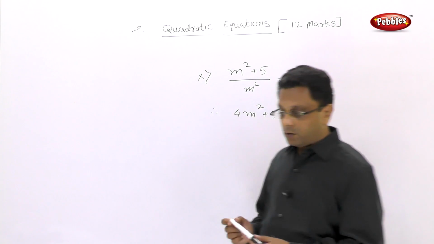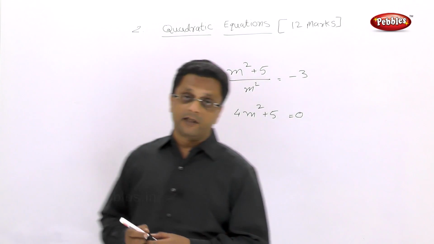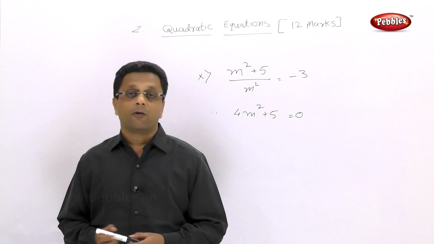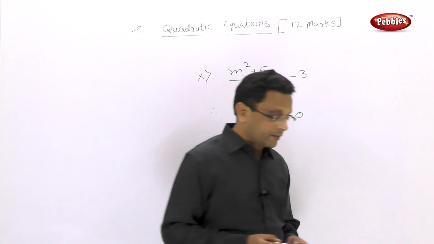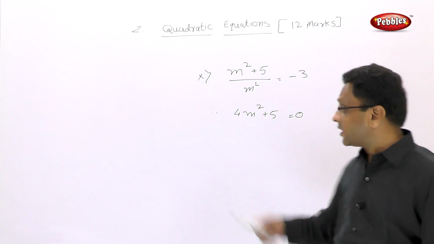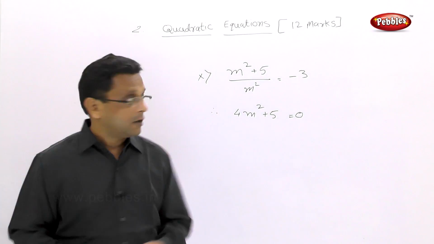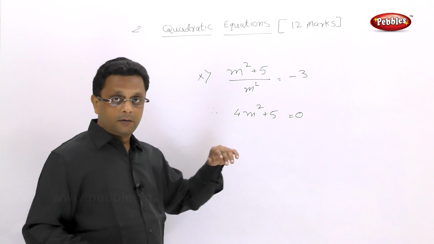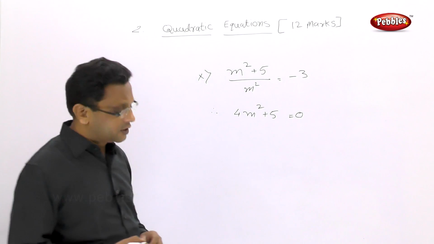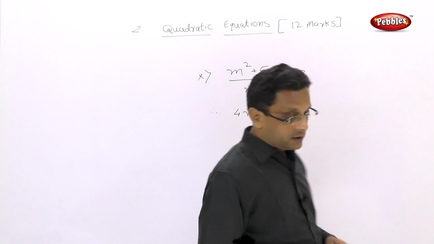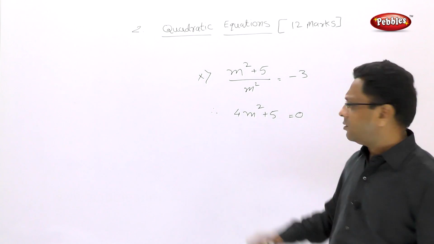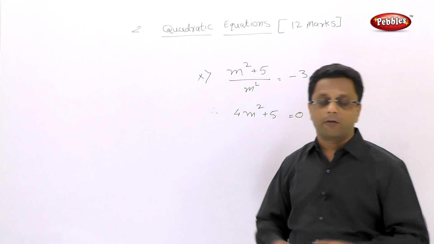Before going ahead or before completely closing this exercise, I want to tell you one thing. In most of these examples, my solution was correct. Let us say this example, solution is correct. I have written this quadratic equation in a proper form, standard form.